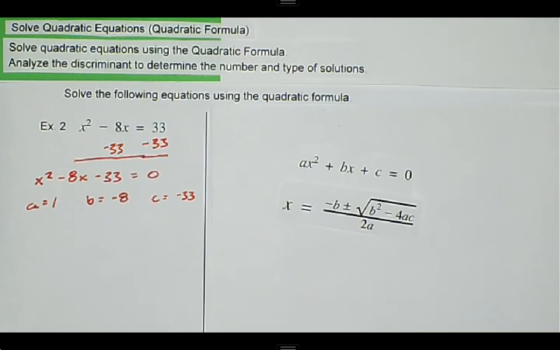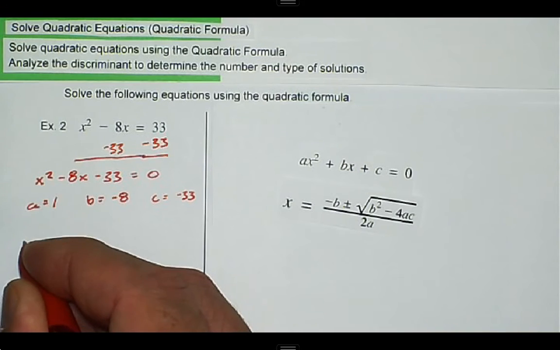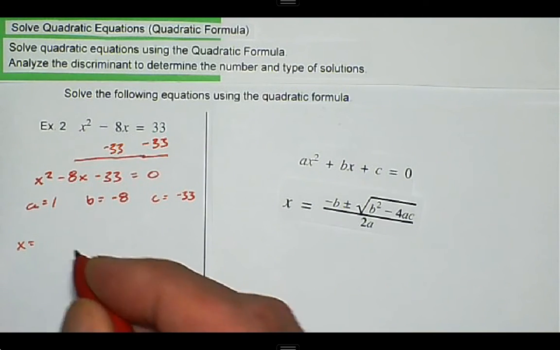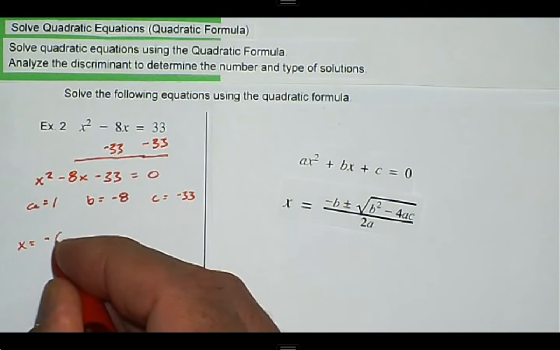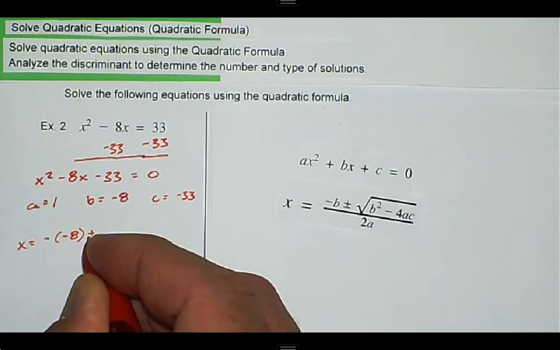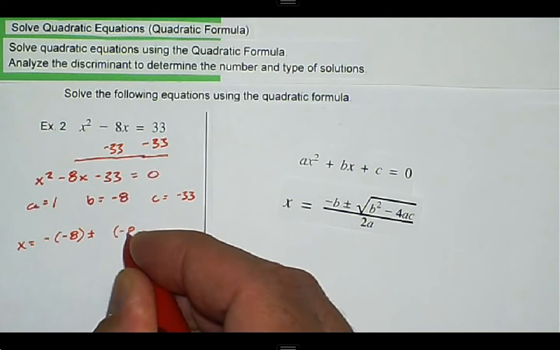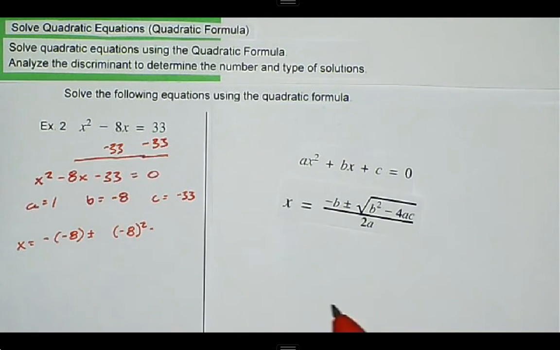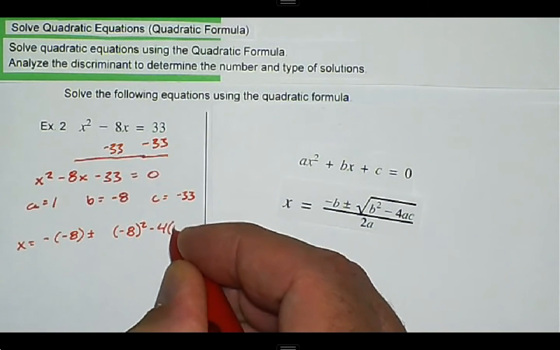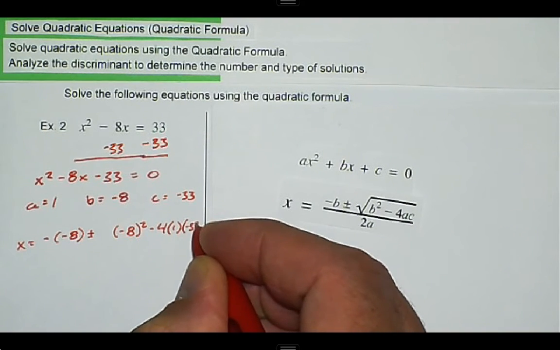Then we can substitute those values into the quadratic formula, and we can figure out where the solutions will be for this parabola. So x equals negative b, which is negative 8, plus or minus the square root of b squared, which is negative 8 squared, minus 4 times a times c, which is negative 33.